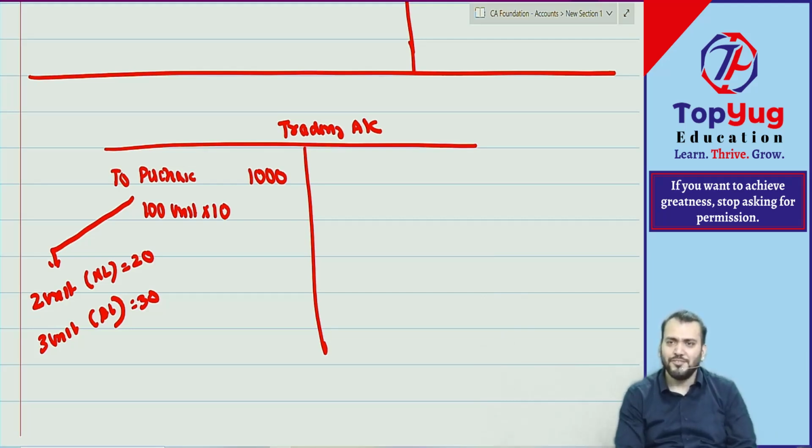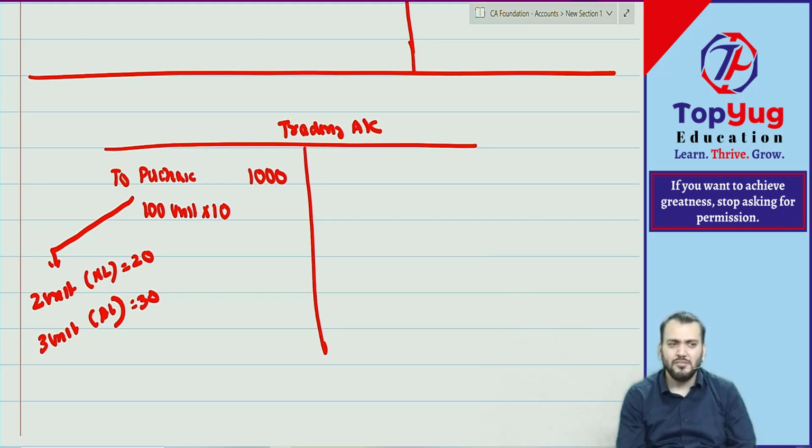And for abnormal loss? You are increasing purchase and you are creating normal loss. Normal loss account debit to purchase account.